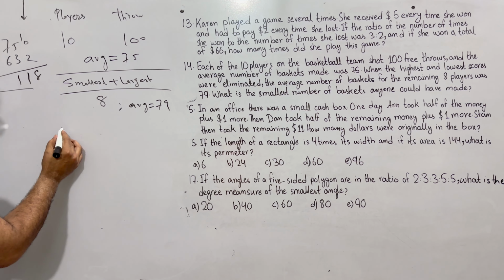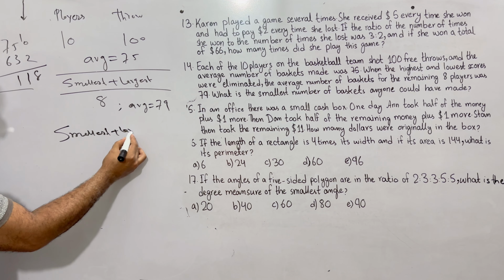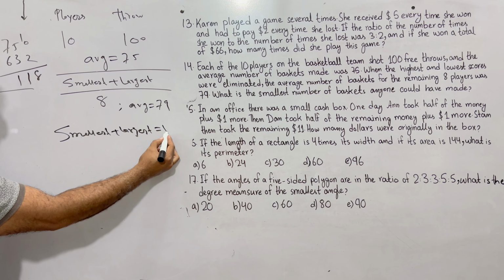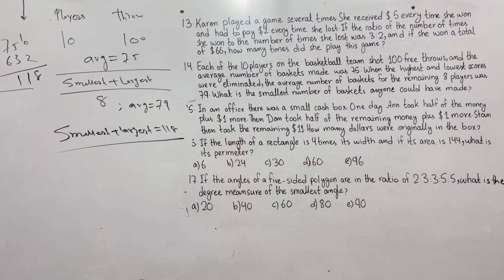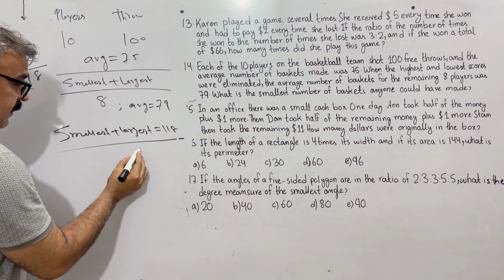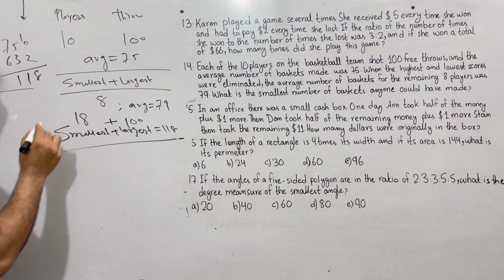The smallest plus the largest is equal to 180. If a player is 100% accurate in free throws, then we can split 180 into 100 and 80.